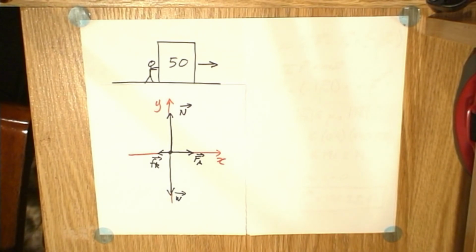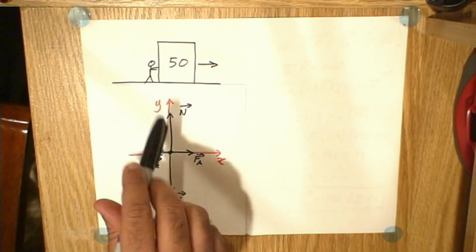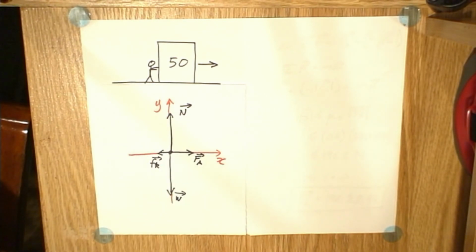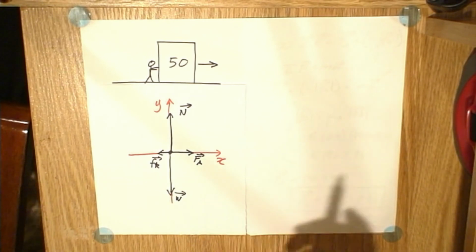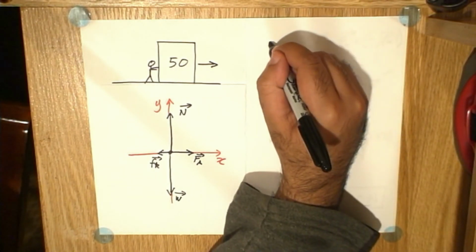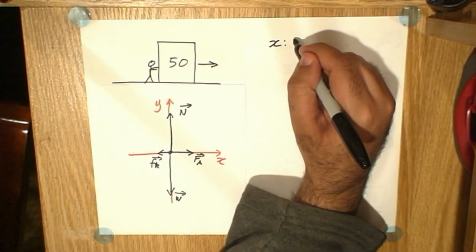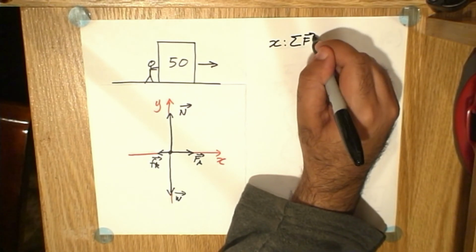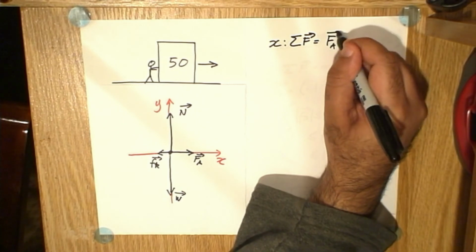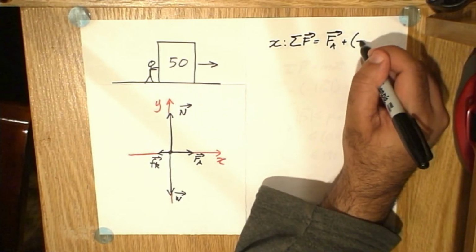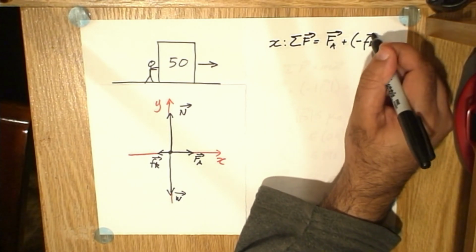Because nothing has really changed in the y direction, and this is a continuation of the same problem that didn't require a new picture, I'm not going to bother working out the y direction again. What I will find out is the acceleration that's taking place in the x direction. So, in the x direction, we now have a total force of applied plus negative kinetic friction.